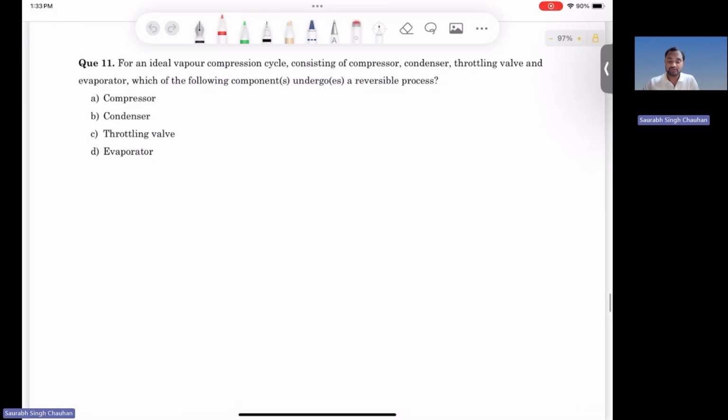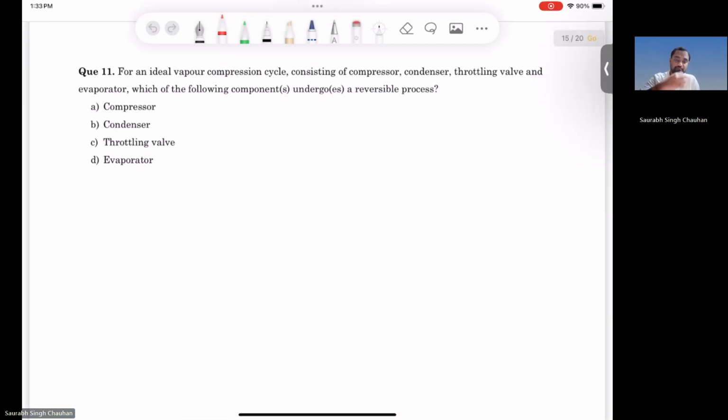Question number 11 says: for an ideal vapor compression cycle, which consists of a compressor, condenser, throttling valve, and evaporator, which of the following components undergoes a reversible process? So there are four components: compressor, condenser, throttling valve, and evaporator.